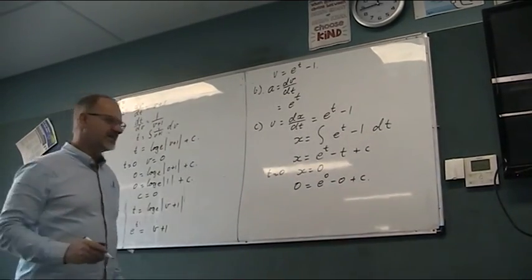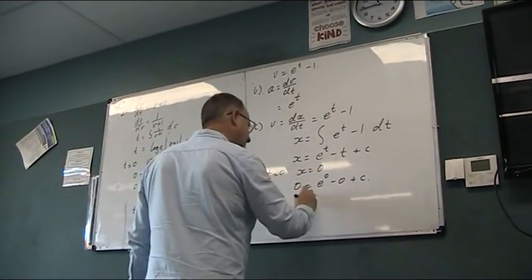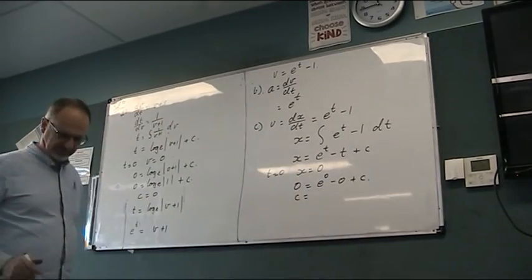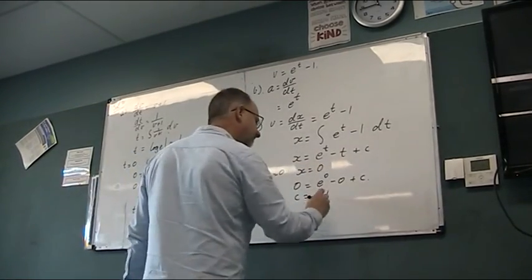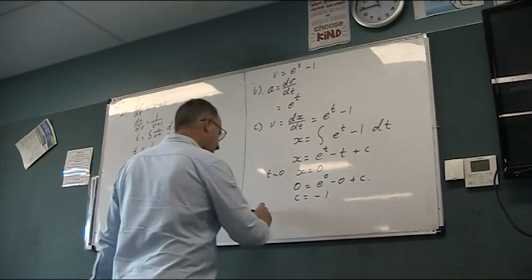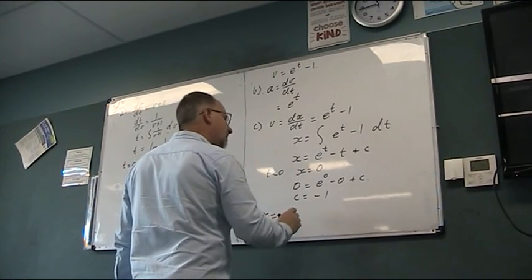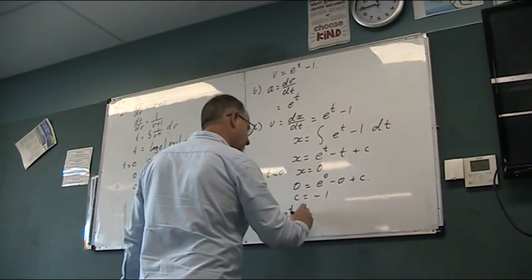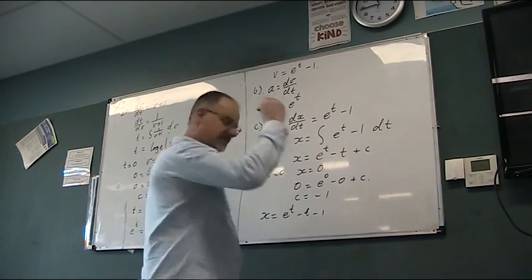And so c is minus 1, yep. So our equation is e to the t minus t minus 1.